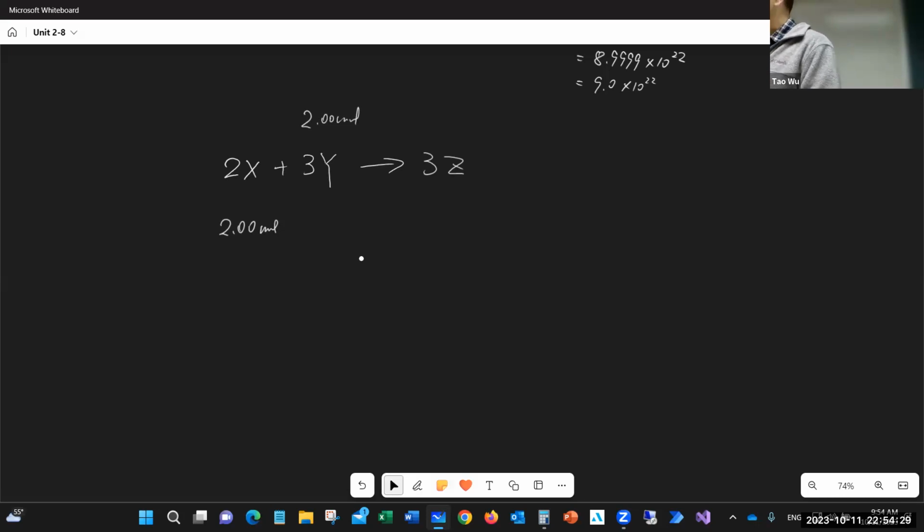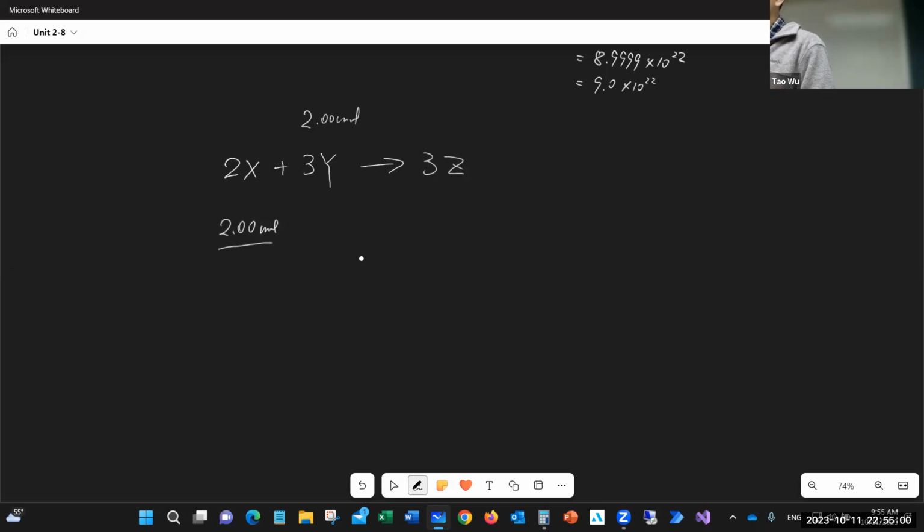Do you still recall how we figure out the limiting reagent in the video? In the video, they talk about doing two assumptions. The first assumption is, if we use up all 2 moles of X, how many moles of Y are we going to use up?